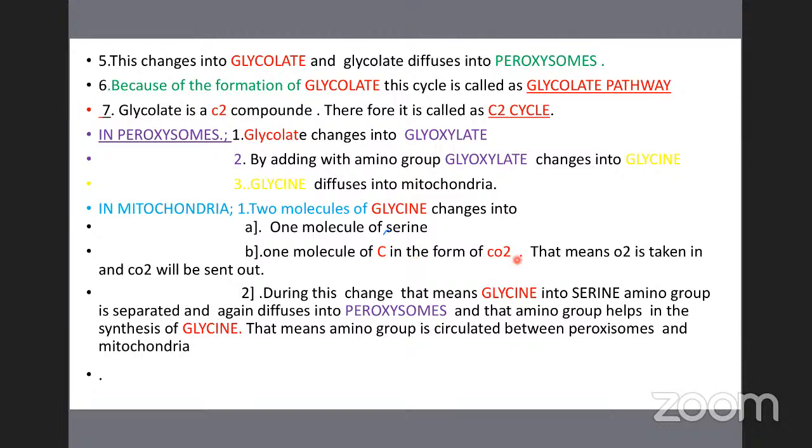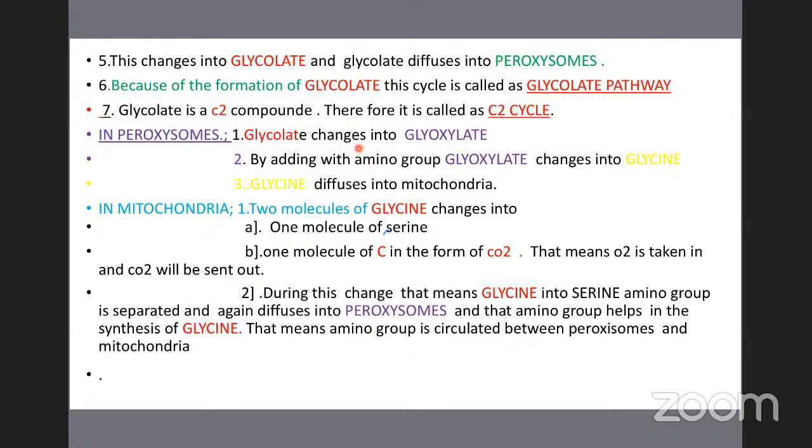By this, we can say that oxygen was taken in and CO2 is going outside. And during the changing of glycine into serine, this glycine separates an amino group, and this amino group again enters into peroxisome.